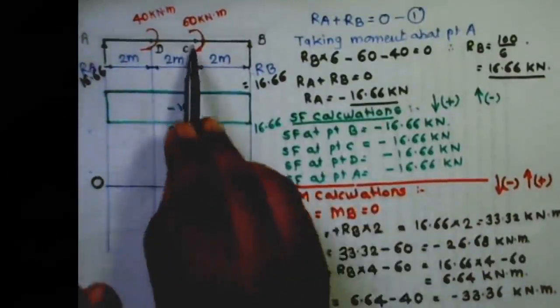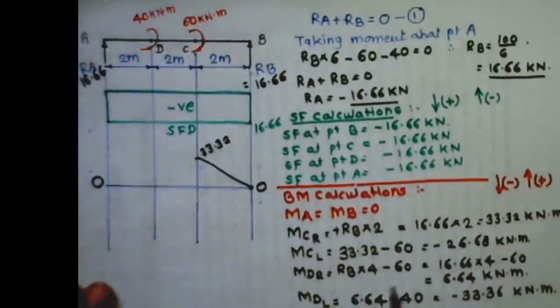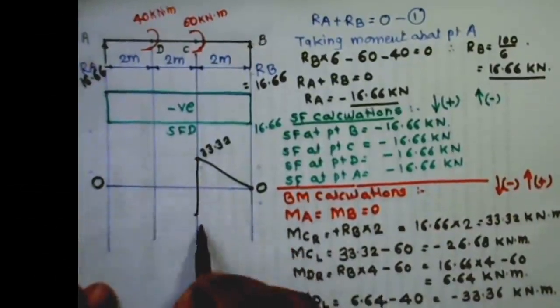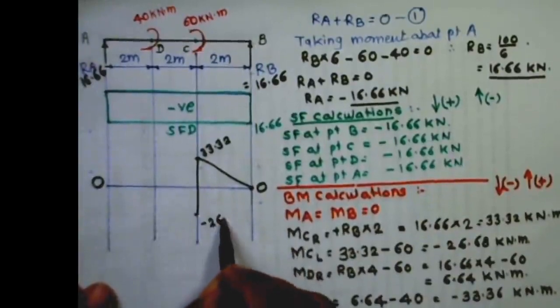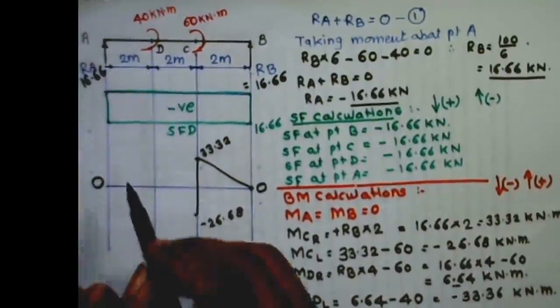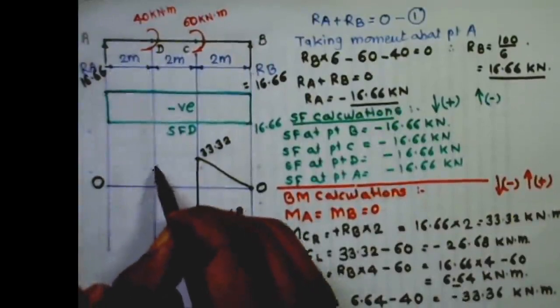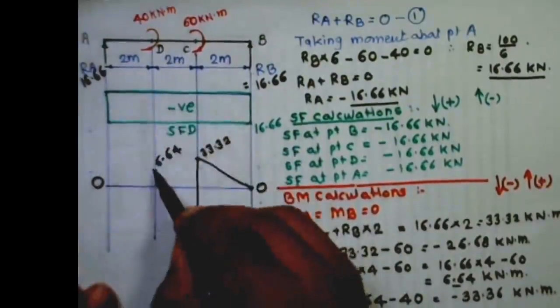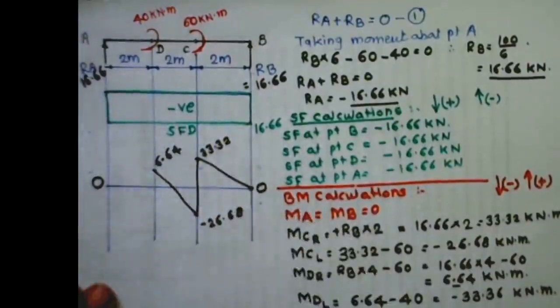At point C the moment is acting in the opposite side, and due to this the value will be minus 26.68. Between point C and D, at point D just 6.64 moment is acting again in the positive direction. Here 6.64, again there is no load, so we have to join by an inclined line.